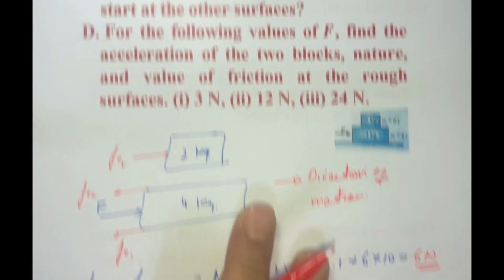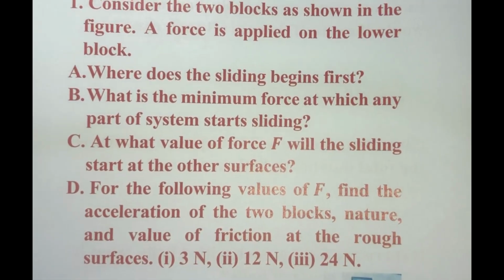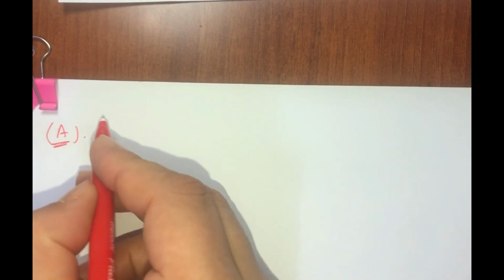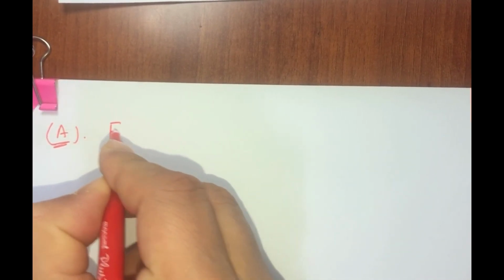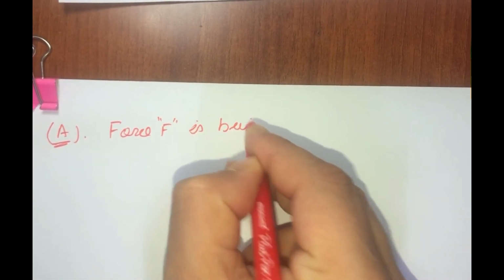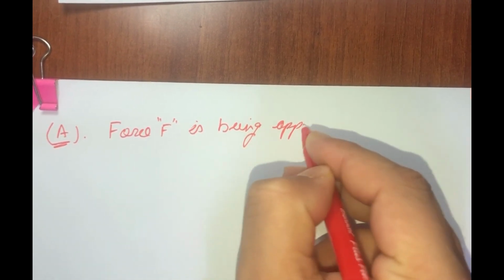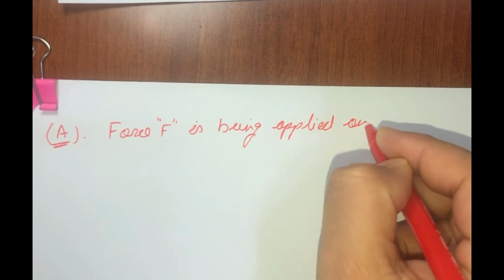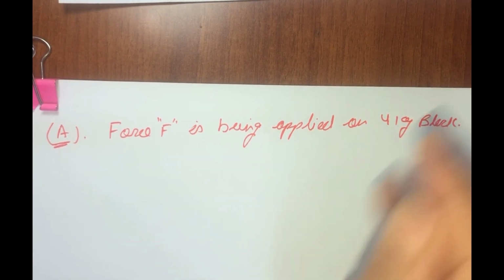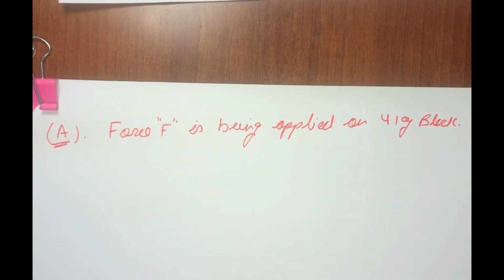Now let us consider part A, in which it is asked where the sliding begins first. In this case, for A, you can say that force F is being applied on the 4 kg block.